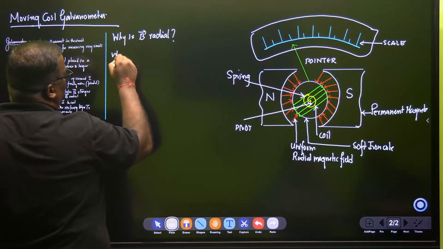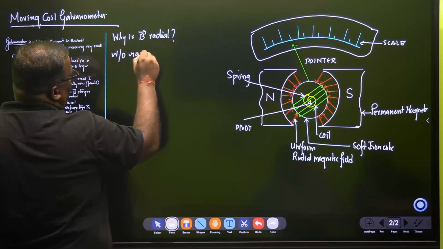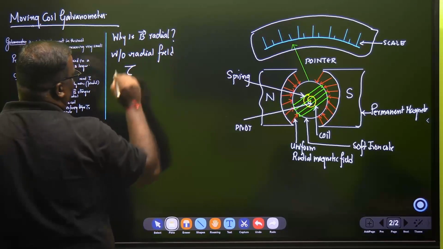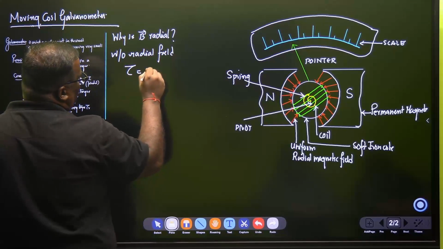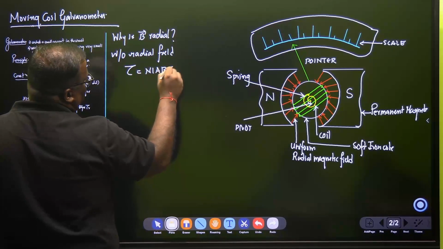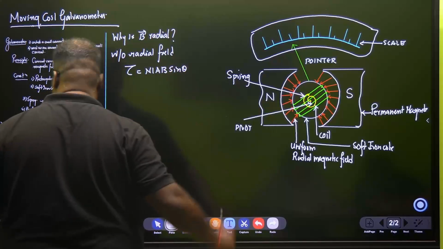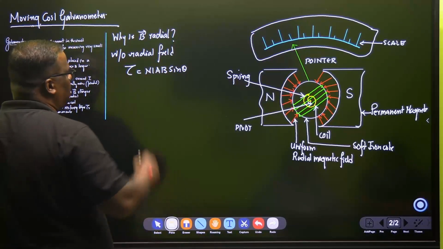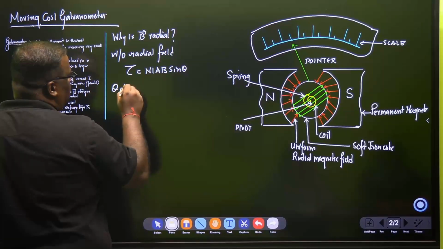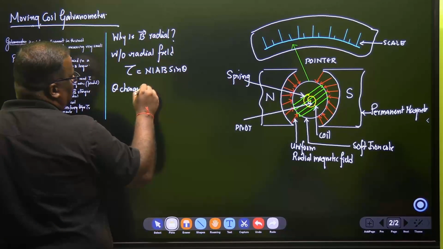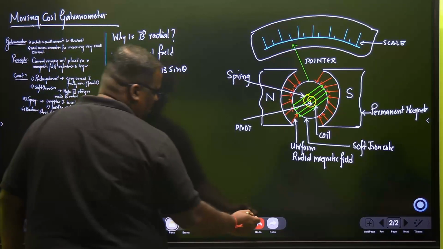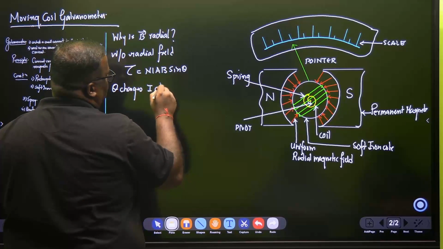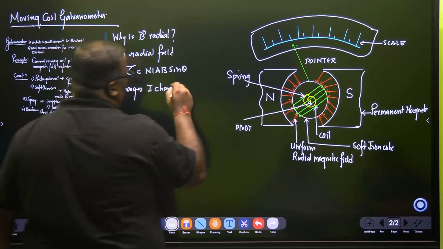Without a radial field, the torque will be equal to NIAB sine theta. As theta changes, the torque changes.